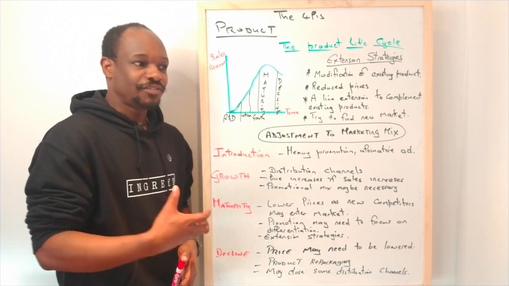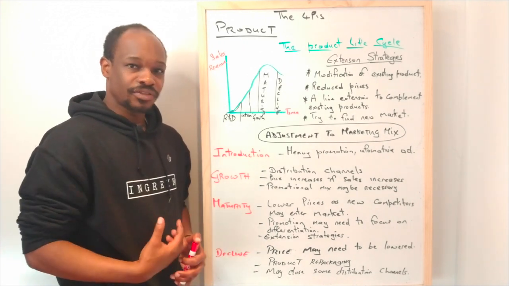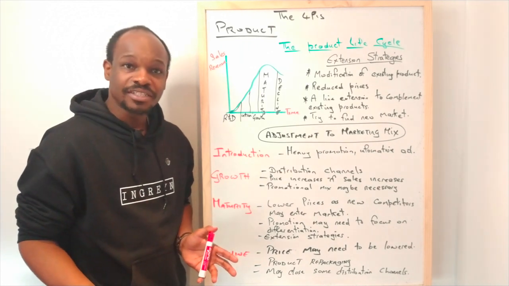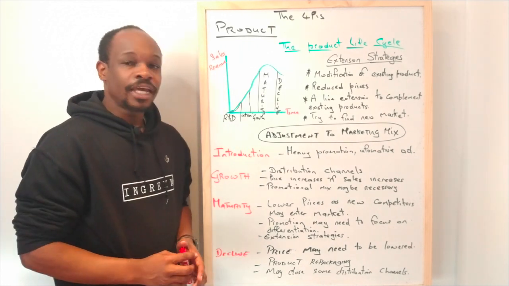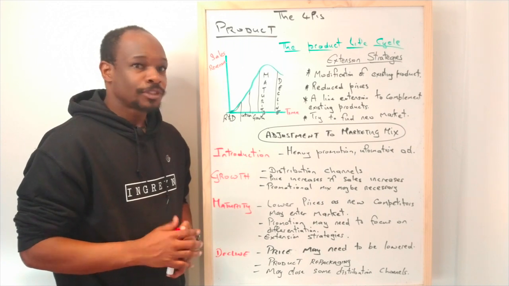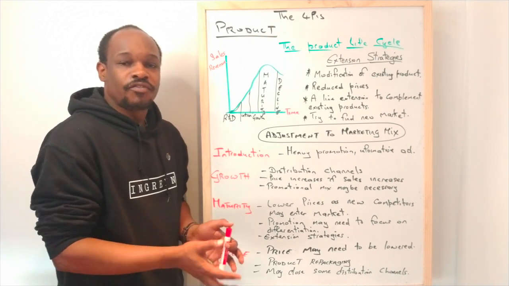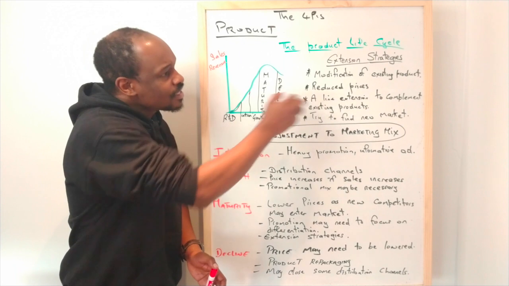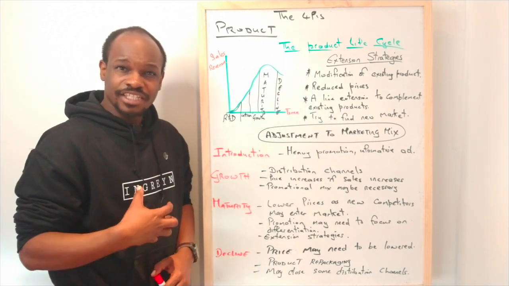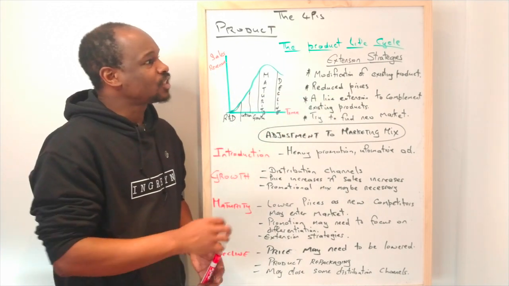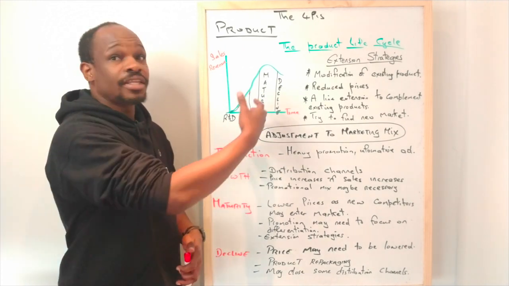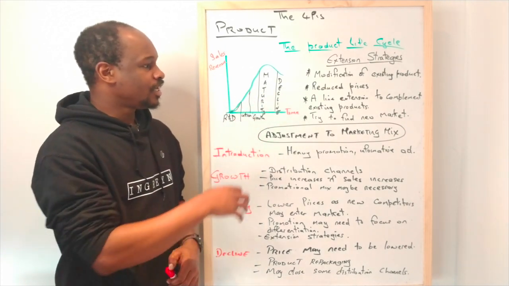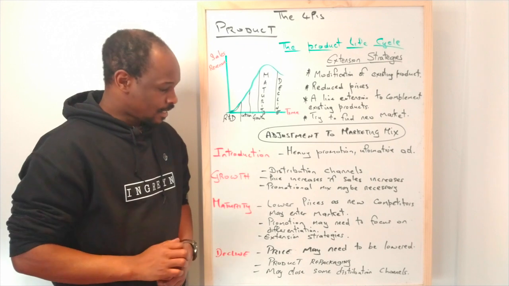You're basically giving them something added with the book, which probably your other competitors would just be giving them the book. Okay, you could make questions and answers for that book. So these are really just some extension strategies that a company can actually use when they are looking at their product at the maturity and the decline stages.